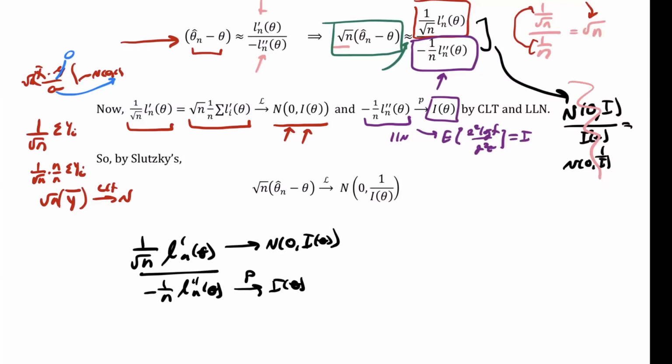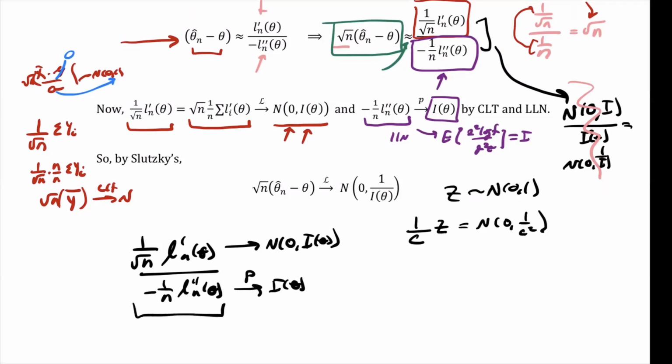So this is essentially looking like 1 over a constant times a standard normal Z. This would be a normal 0, 1 over c squared, because Z is normal 0, 1. That's what you have here.